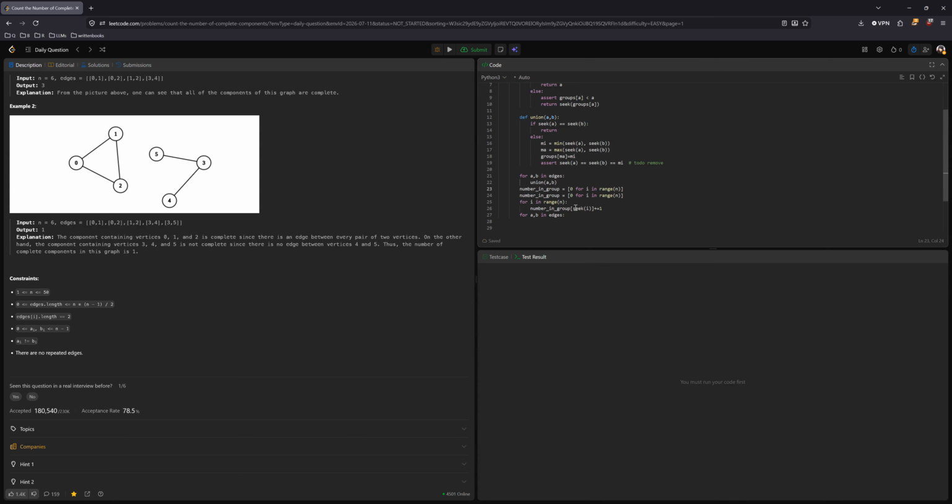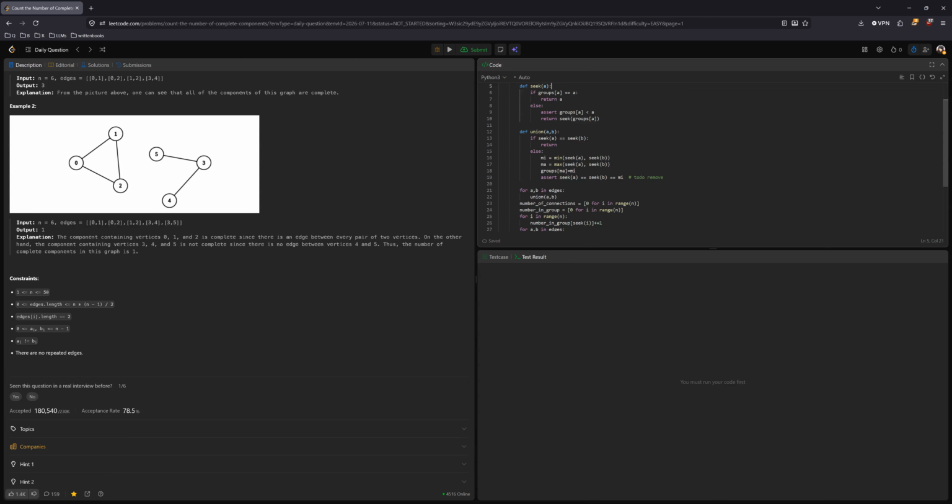Let's not have it be counts because that's confusing. Number of connections of seek of i plus equals 1, and then, what the hell is i? a, b is what I meant.